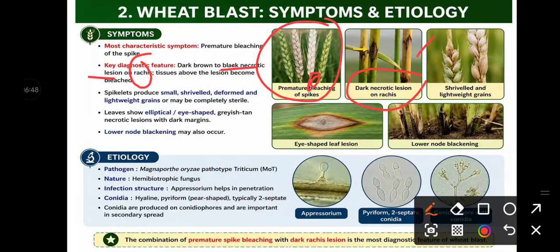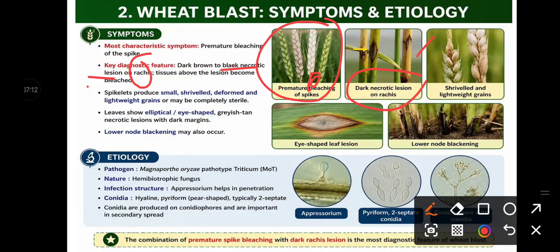Whatever photosynthesis occurs in the leaf is transferred to the grain for storage. If during translocation, halfway, the transportation is blocked, then the photosynthates will not be transported into the grain.